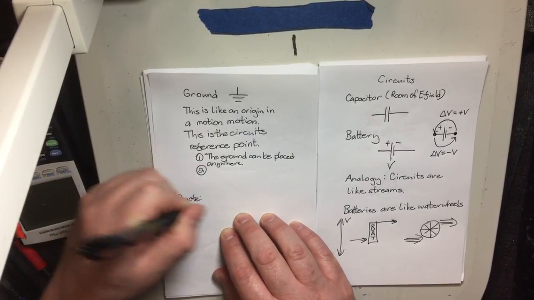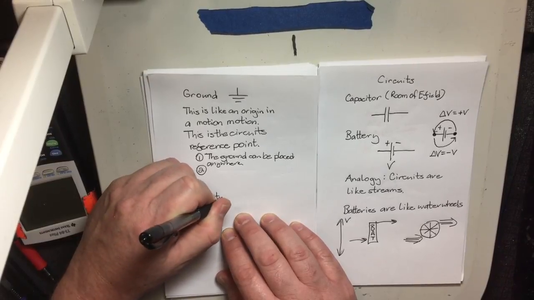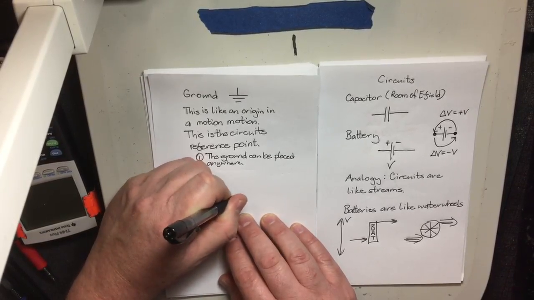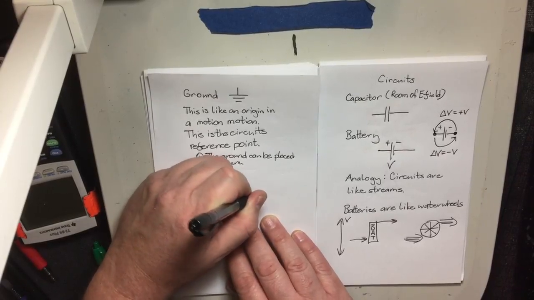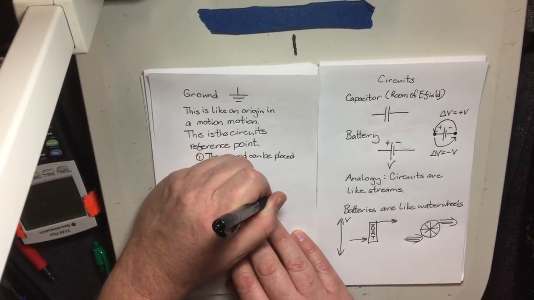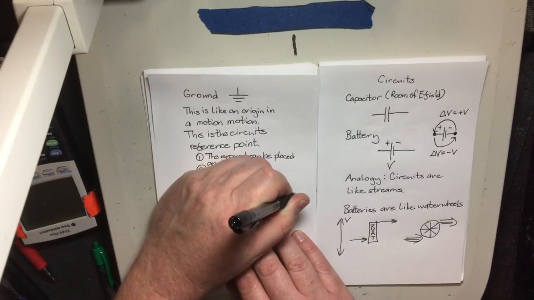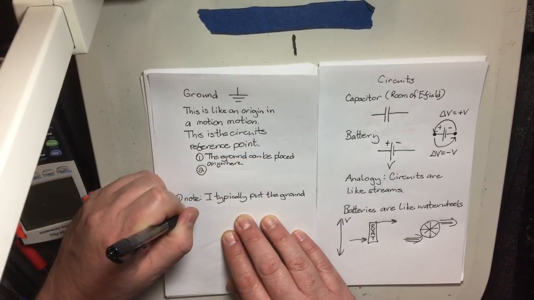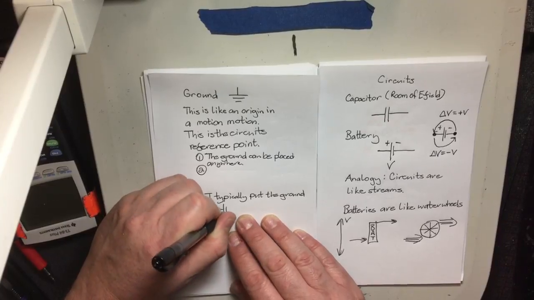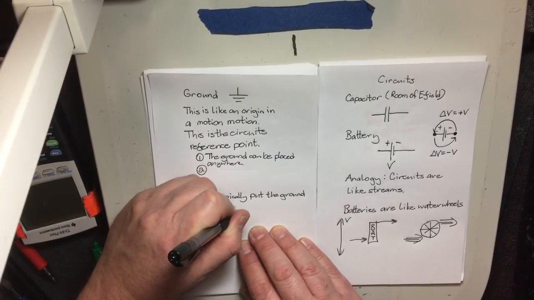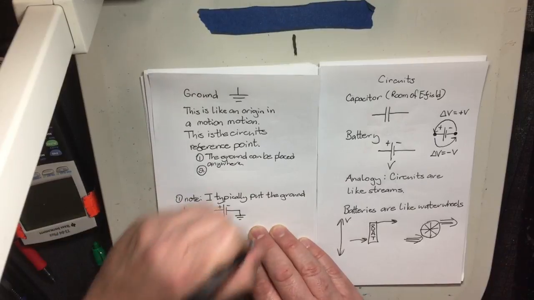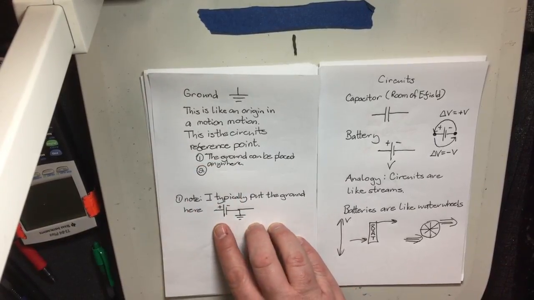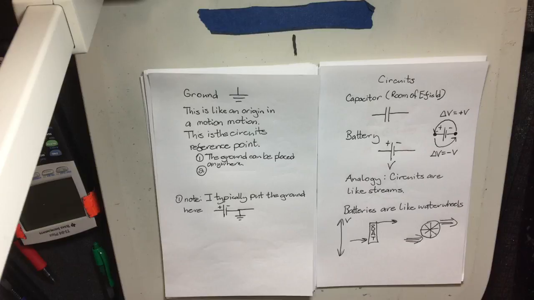Note, I typically put the ground here. If you look at the battery, I typically put the ground at the negative end of the battery. That's where it usually goes. It could go anywhere, but I generally put it there.